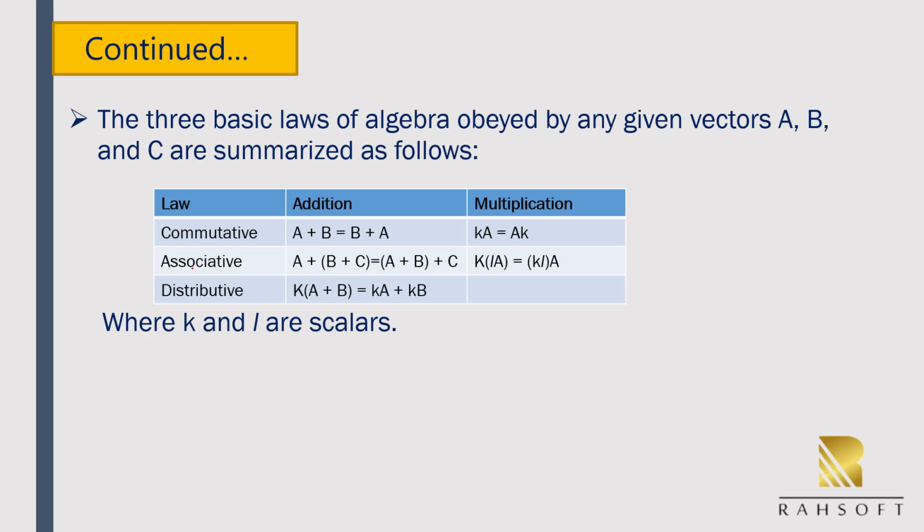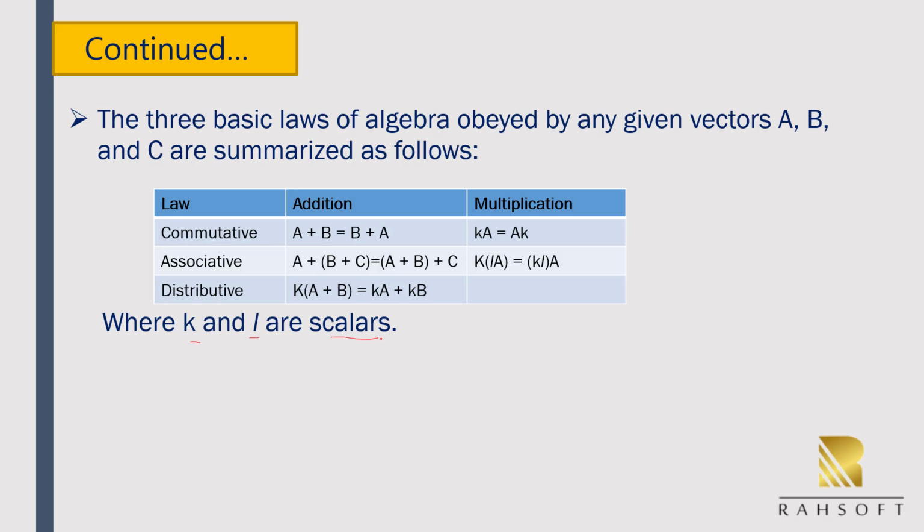Now the associative law: A plus bracket B plus C bracket close is equal to bracket A plus B bracket close plus C, and in case of multiplication you have k in bracket lA, equal to bracket kl outside, and A. The distributive law is k times bracket A plus B. Now multiply k inside the bracket, you will have kA plus kB, where k and l are scalars.